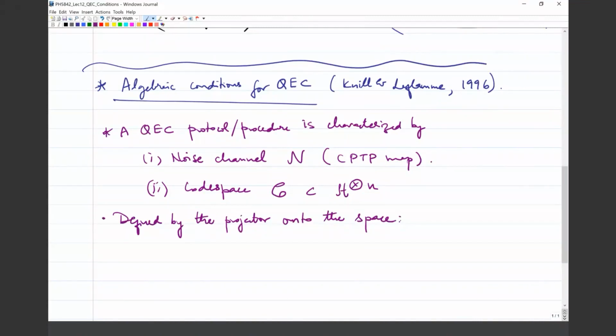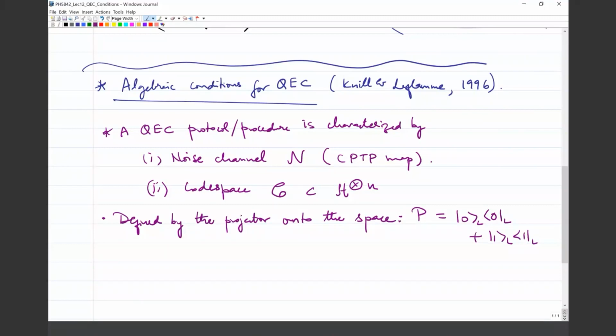What is this projector? I'm going to just call this P. P is nothing but this operator constructed using the logical states, right? So the 0 and the 1 take the place of the 0 and the 1 of your single qubit space.